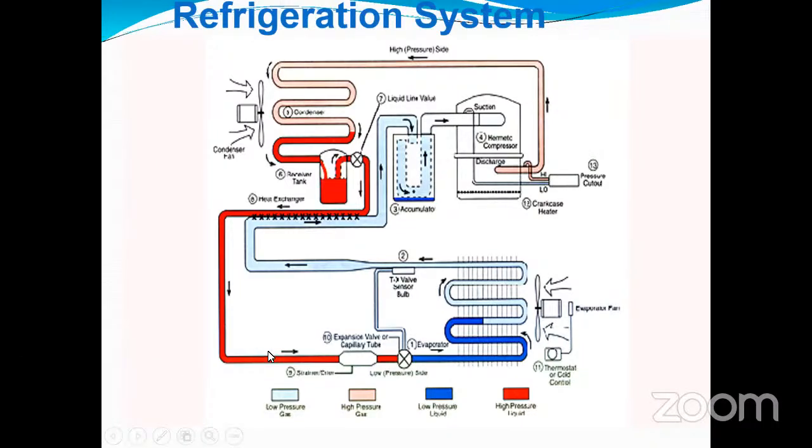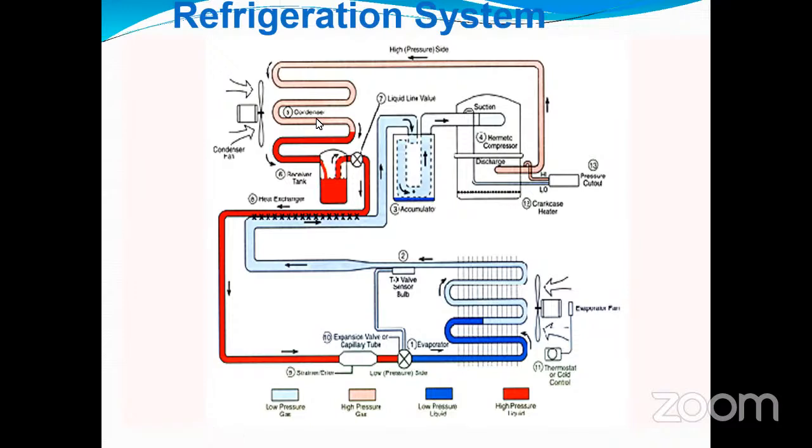The evaporator is otherwise called cooling coil. Depending upon the equipment, it varies. For refrigerators, it is called freezer. Then again, whatever product load is there, it will absorb. So it absorbs the heat, then again it becomes low pressure vapor, and again it goes to the compressor. This cycle is repeated.